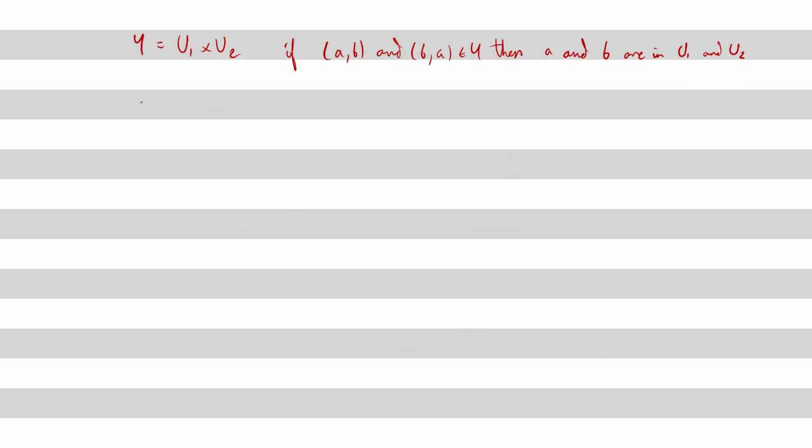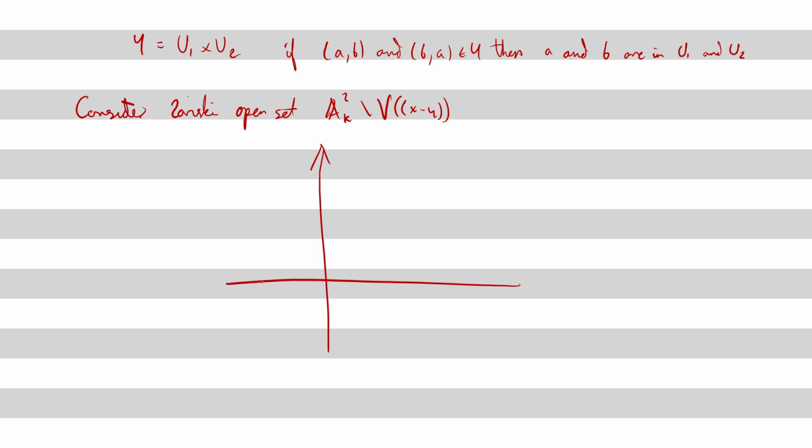So, let us consider the Zariski open set AK2 minus the vanishing set of x minus y, or visually, it is the affine plane minus the diagonal.